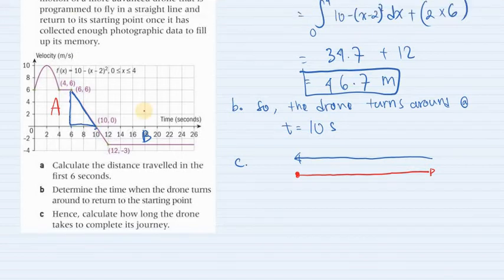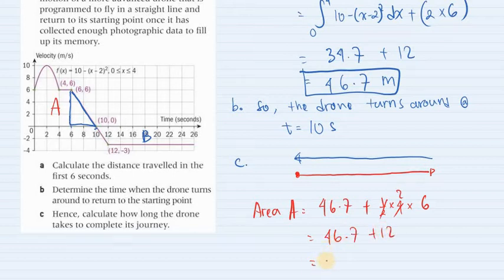Area A is equals with 46.7 plus the area of this triangle, which is half, times the base, 6 to 10 is 4, times the height, from 0 until 6. We can cross 2 times 6, 12, equals with 46.7 plus 12, equals with 58.7 meter. So this is the area A.